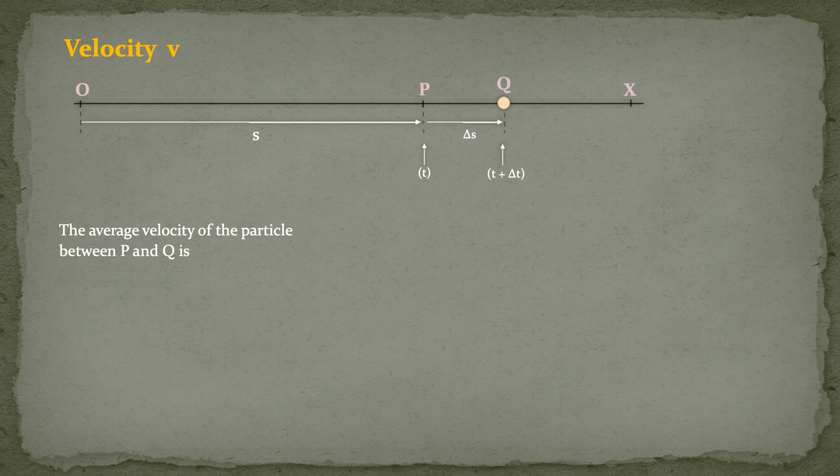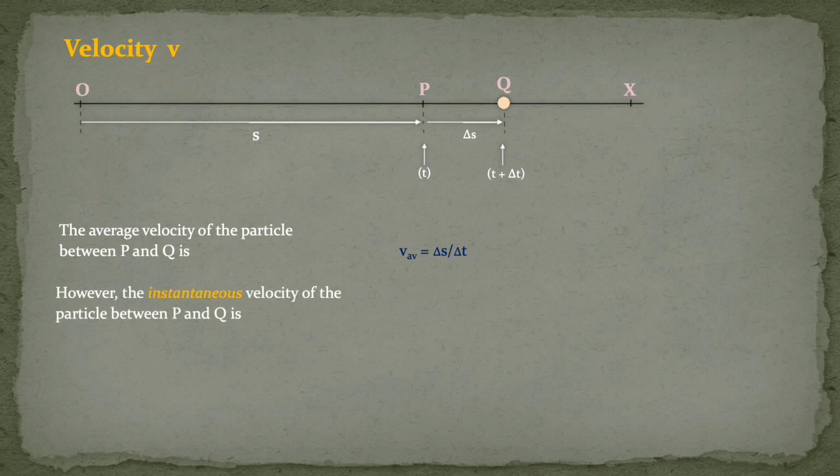Imagine the equation in your head right now. Well, the answer is that the average velocity is simply delta s divided by delta t, the small displacement between P and Q divided by the time taken, delta t.